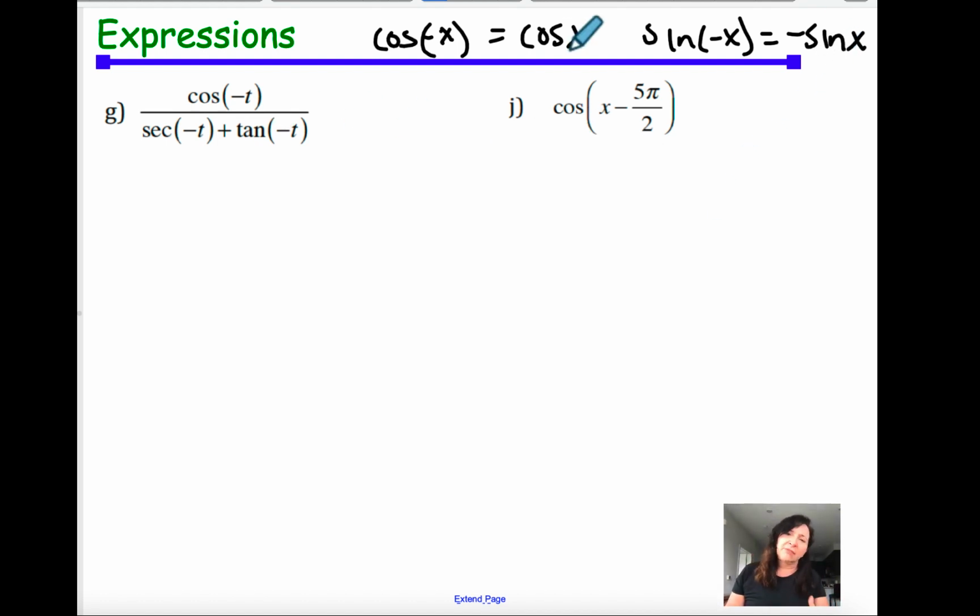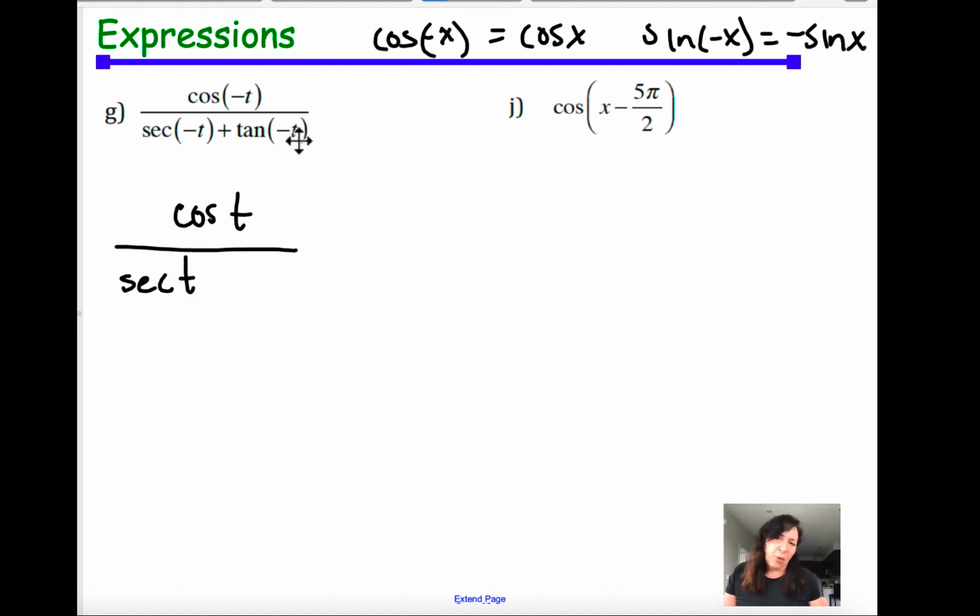So that's a negative divided by positive, so that means that's negative. So I'm going to actually rewrite this. Cosine of negative t is just cosine of t, because now cosine is positive. And secant is a reciprocal of cosine, also positive. So now I've got positive secant of t. Tangent, however, is negative, because that's sine and negative divided by positive. So this is minus tangent of t.